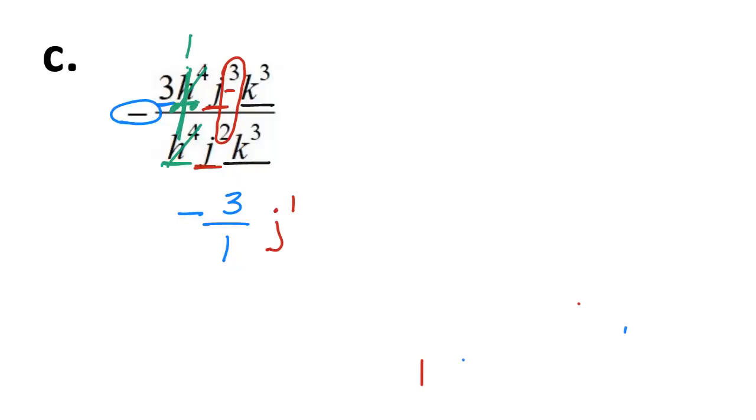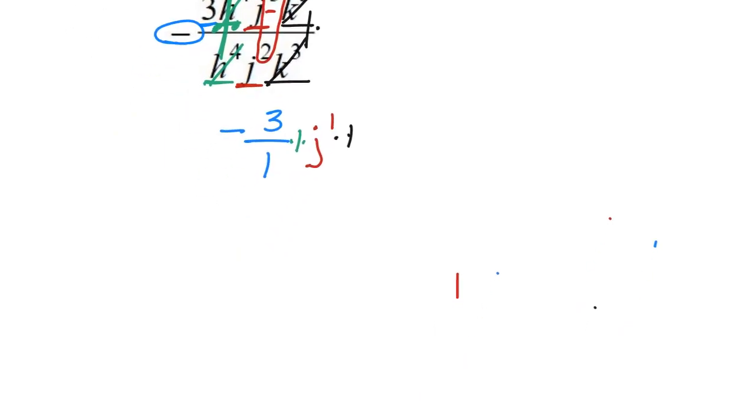Paula, what's going to happen there? Okay, simplify out, and that will just change to be 1 also. So I have negative 3 over 1 times J over 1, or J to the first, times 1.